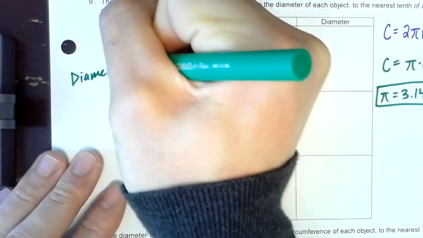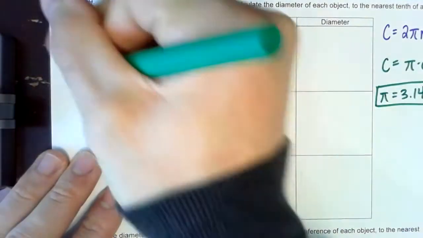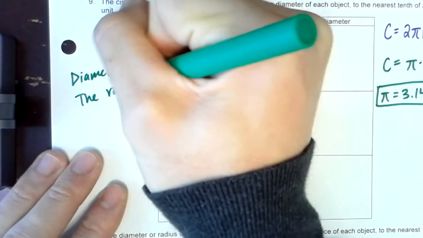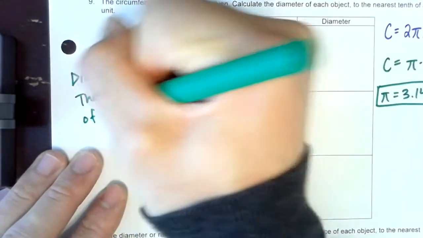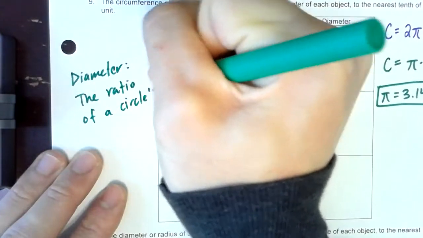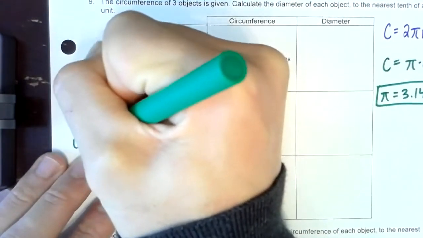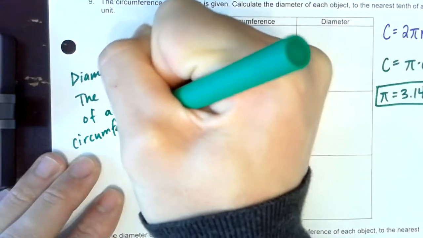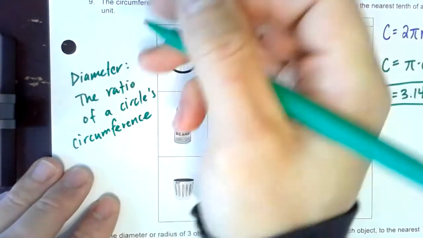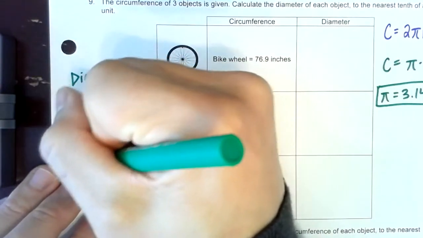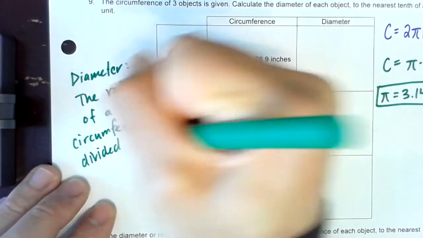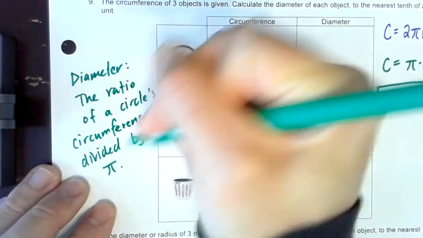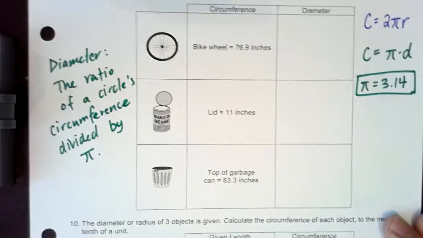A diameter, by definition, is the ratio of a circle's circumference divided by pi. That's the definition of a diameter, right?